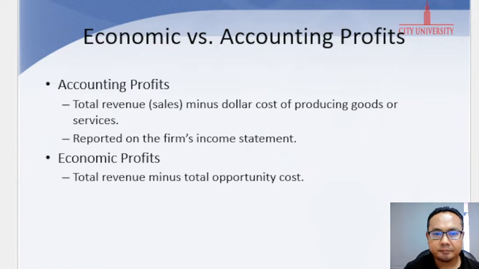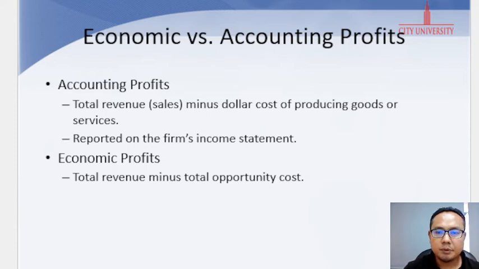Okay, this is the second principle to be an effective manager. A manager must know the concept of economic versus accounting profit.